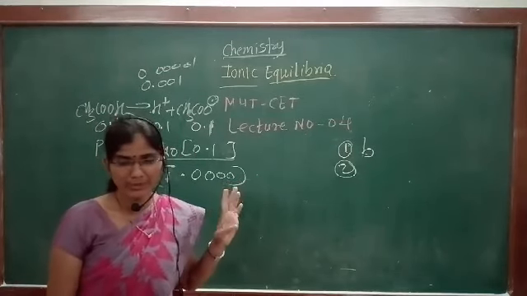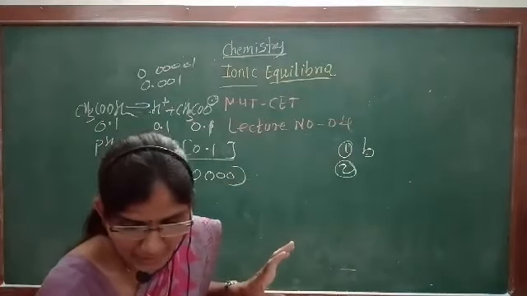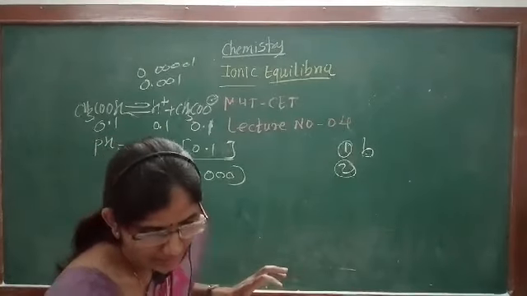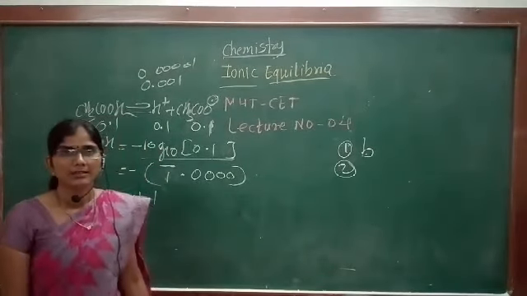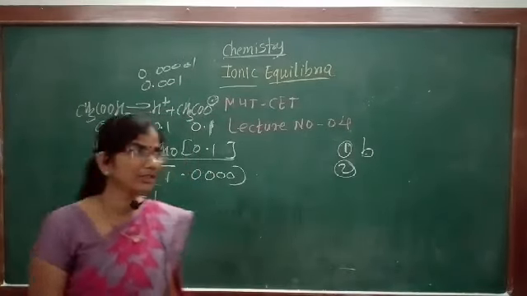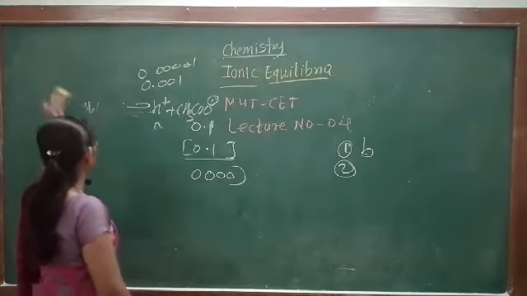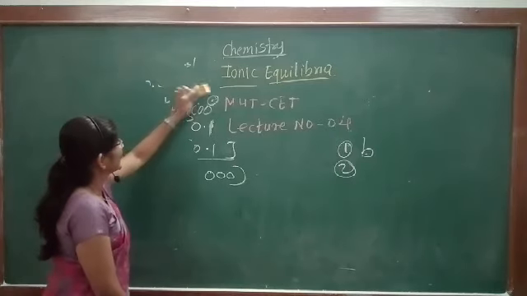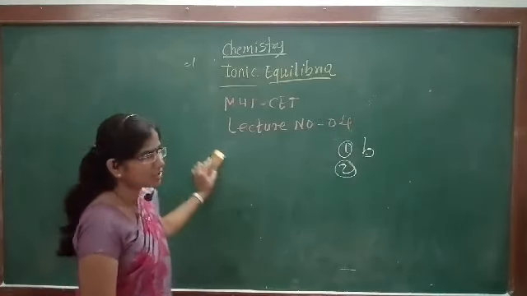So do you remember, student, how to calculate the answer of this question? It is B. Then the next, the pH of pure water, which dissociates as H plus and OH minus.